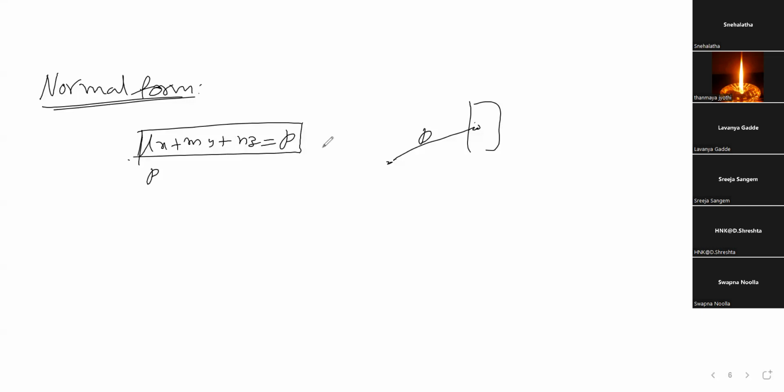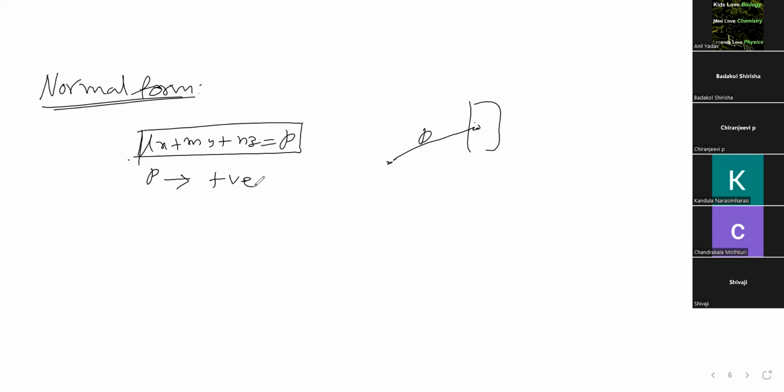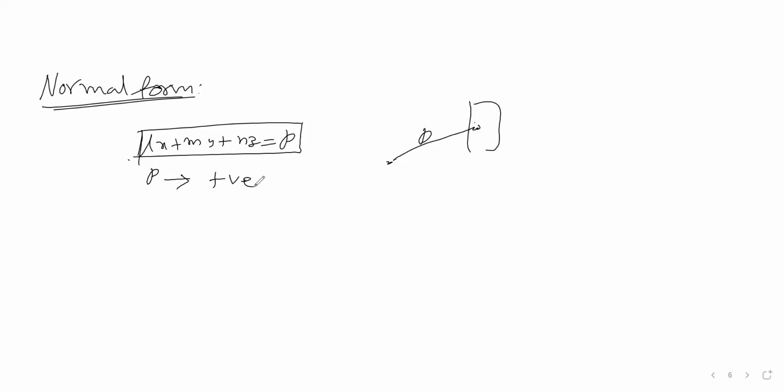And note that since P is the distance from the origin to the plane, your P is always positive only. Whenever we are dealing with geometry, distances are always considered in terms of only positive sign, right? Even though sometimes you may face problems in which the area of a triangle or a distance comes out as minus something, don't use that minus.